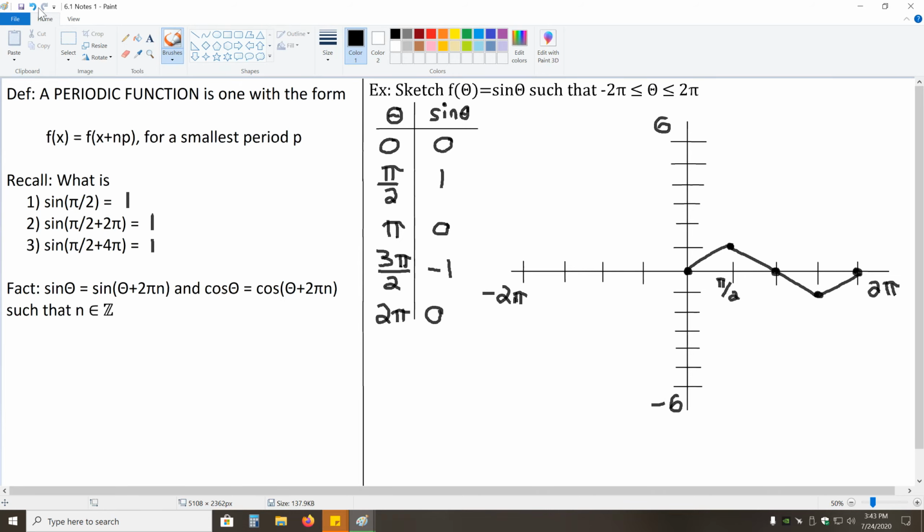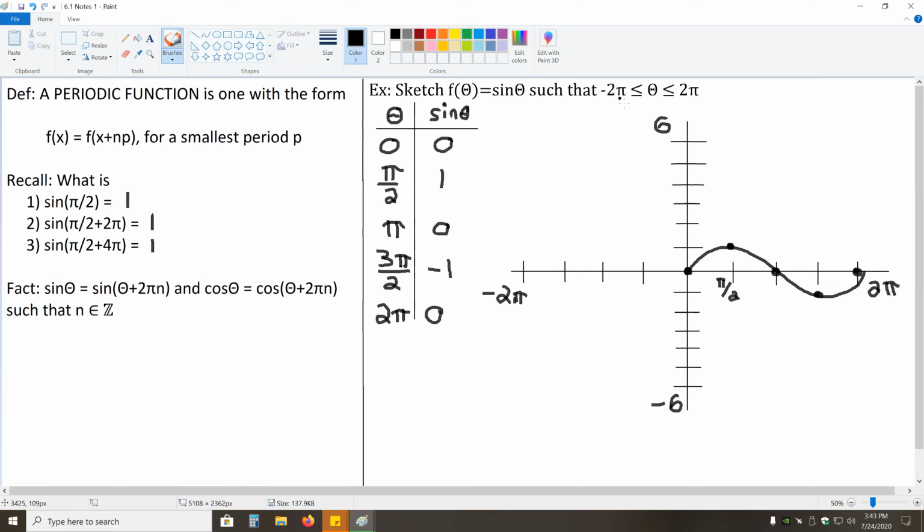But it's very important to note that if we were to actually fill in all of the little points in between 0 and pi over 2, and in between pi over 2 and pi, and so on, it actually creates more of a curved edge, like so. So always make sure you're not putting a V shape here. It's got to have a curve to it. And this is what the graph of sine looks like between 0 and 2 pi.